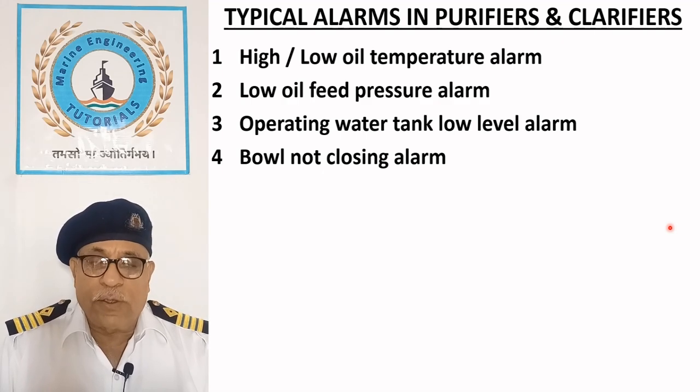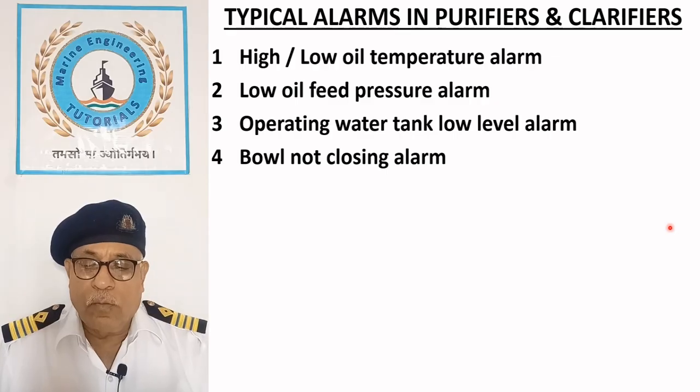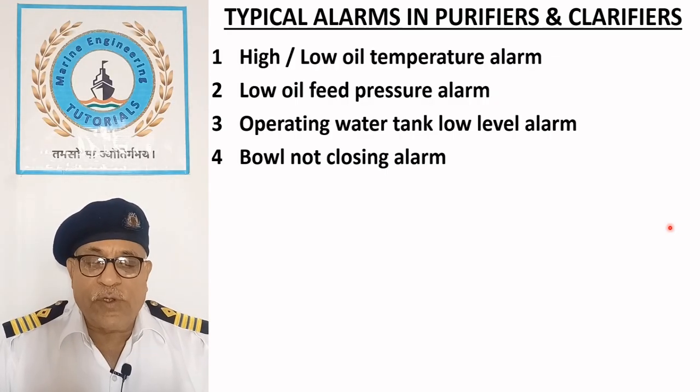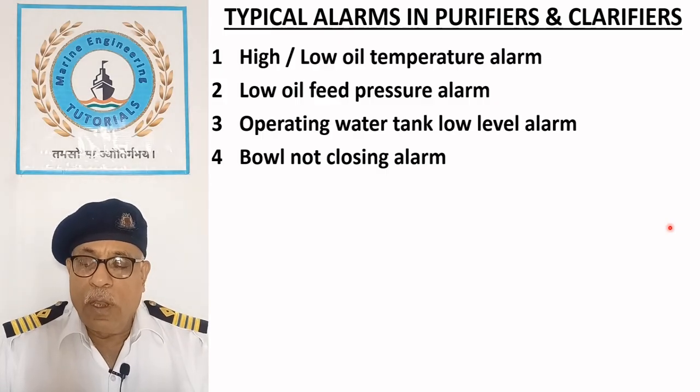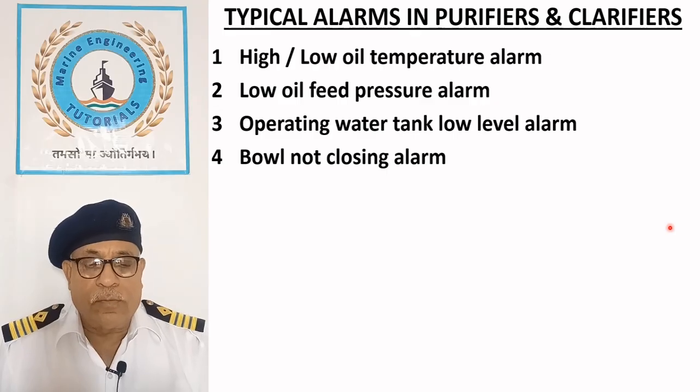If the position is not confirmed, a bowl not closing alarm is generated. This may occur due to insufficient closing water pressure caused by blockage in the line, leaky seal rings, or worn valve plugs in the operating slide.